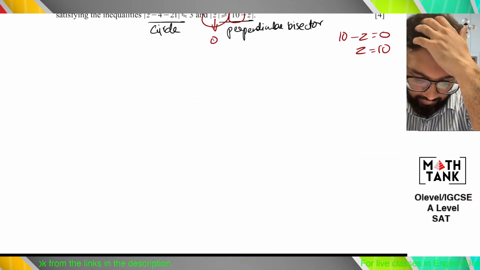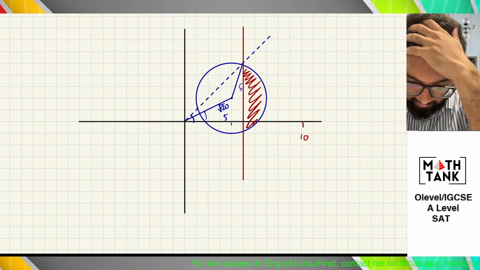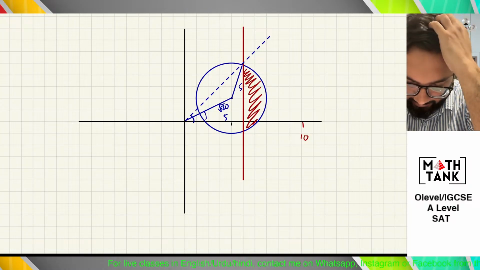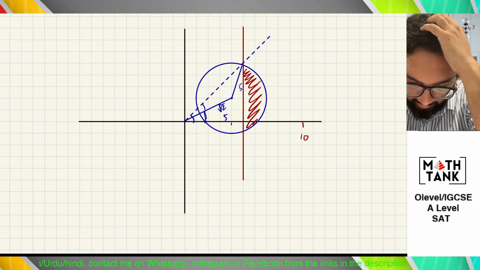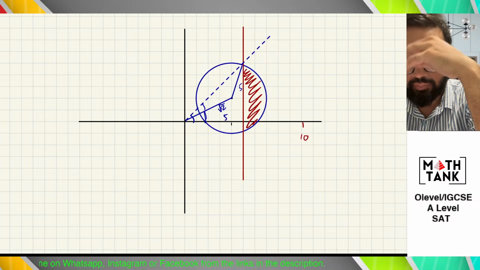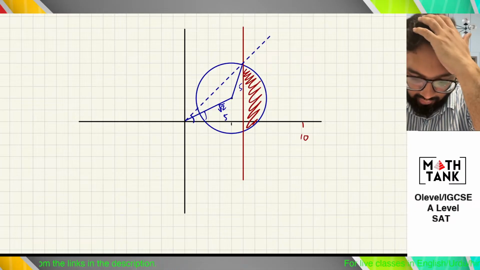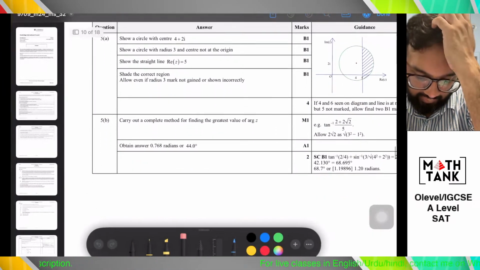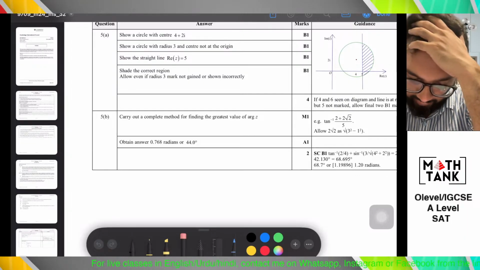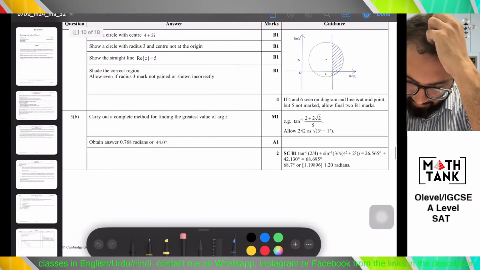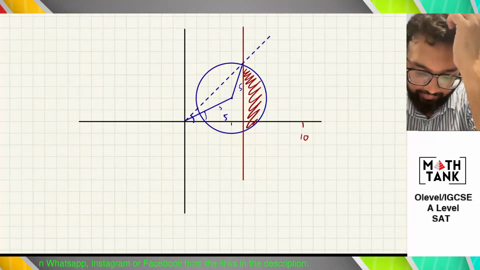This point is 4 comma 2. That's root of 20. I'm just wondering if there is an easy way to calculate this. I know I can do it with trigonometry. I can find out this angle and I can also find out this angle. Let me check from the marking scheme if there's an easier way to answer this question. No, I think it's the longer way. They're using a lot of tan to do all of this. So I think I'll have to do it the long way as well. Okay, let's do this the long way then.